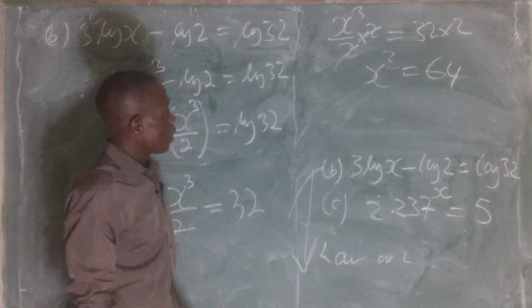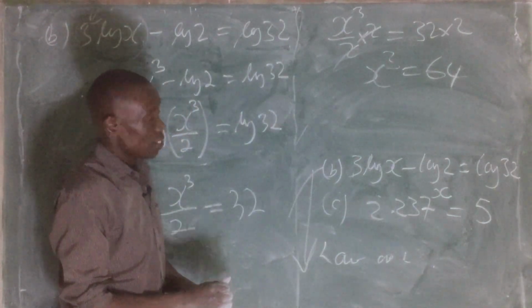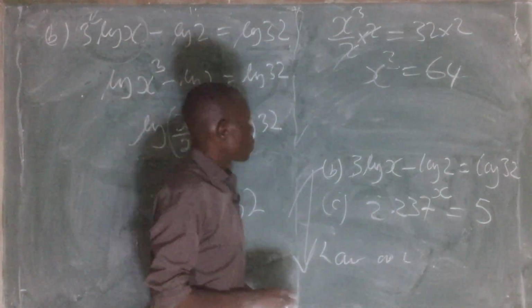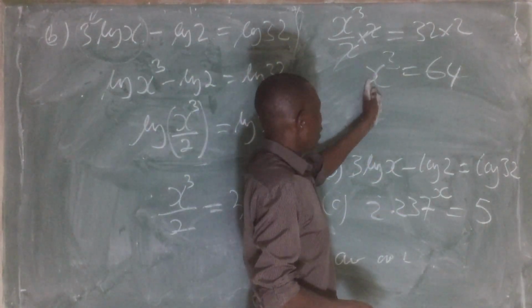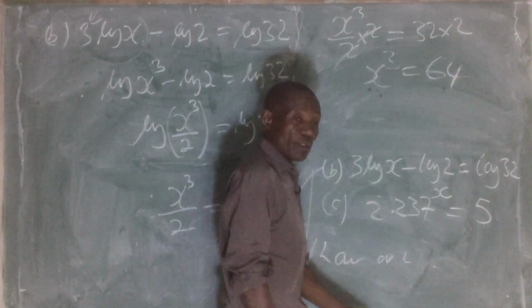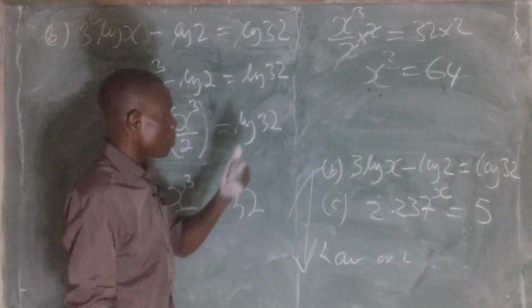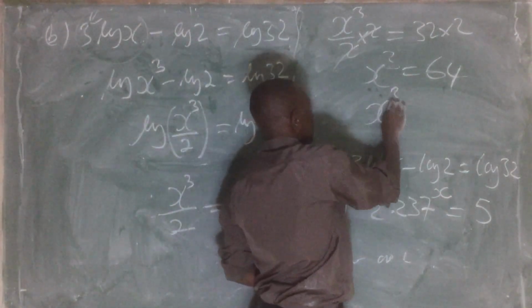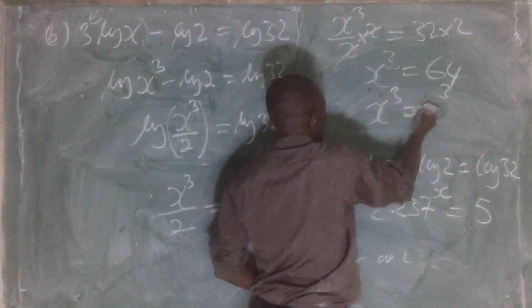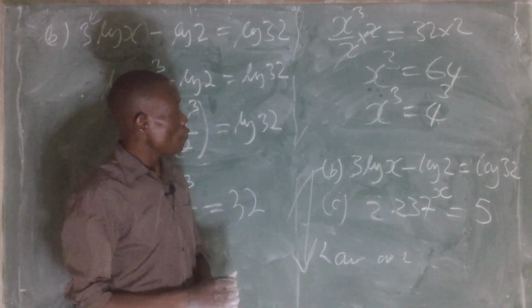Right. Then from there, you can express those terms to the same basis or the same exponents, because what you have now is an exponential equation. If I express the two terms, x to the power 3 and 64, to the same basis, that won't work. But if I think of expressing them to the same exponent, I'll have x to the power 3 is equal to 4 to the power 3. 64 should be expressed to base 4.